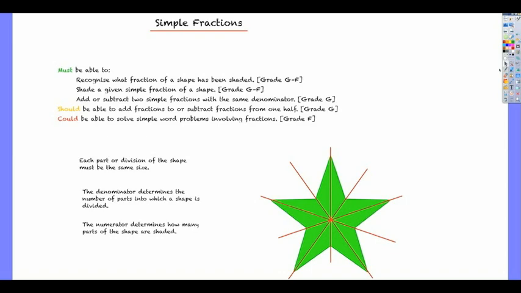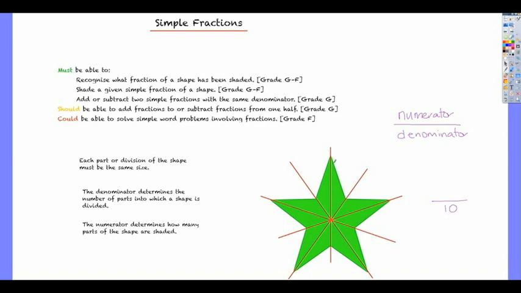When we have a fraction, we have a top number, which is called the numerator, and then we have the bottom number, which is called the denominator. The denominator tells us how many parts we've split our shape into. So in this case, we've got 10 parts in total.